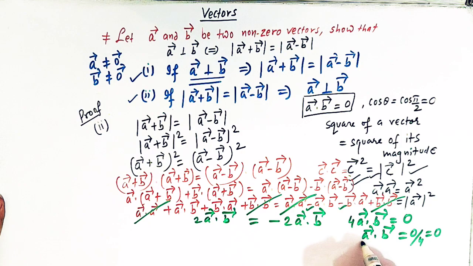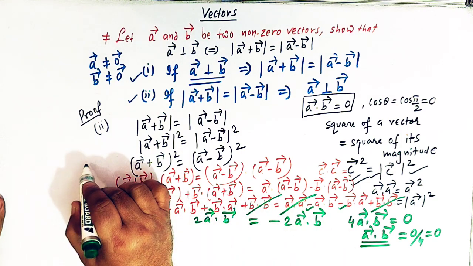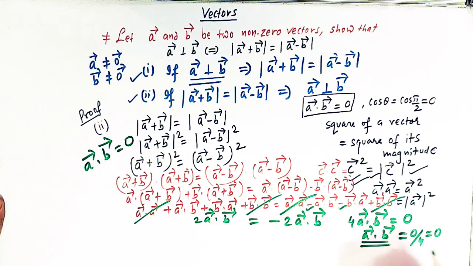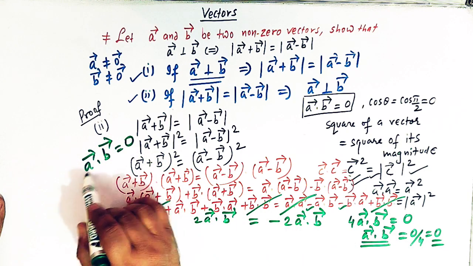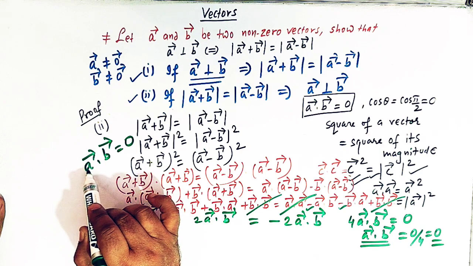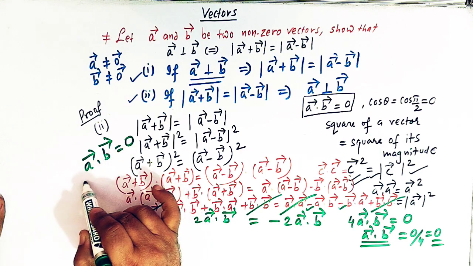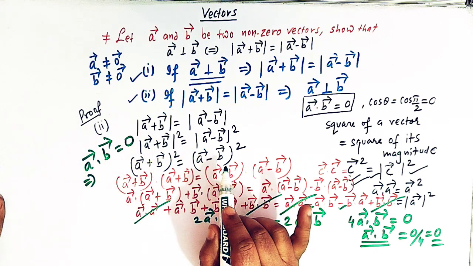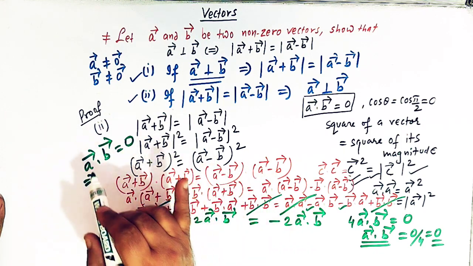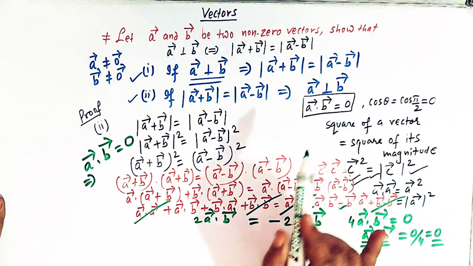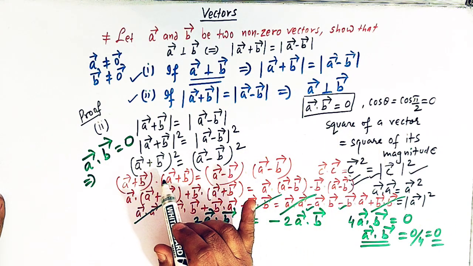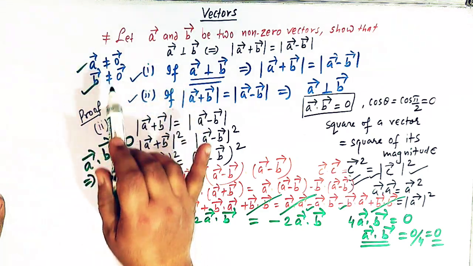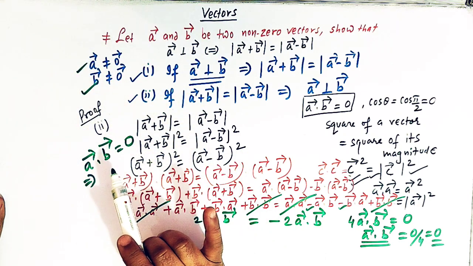So we see that the dot product of a and b is equal to 0, and the dot product of a and b is 0 implies that the two vectors must be orthogonal to each other, that is the angle between them should be 90 degrees, because here vector a and vector b are given to be non-zero vectors, right?